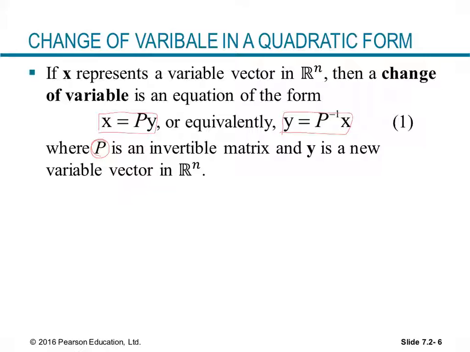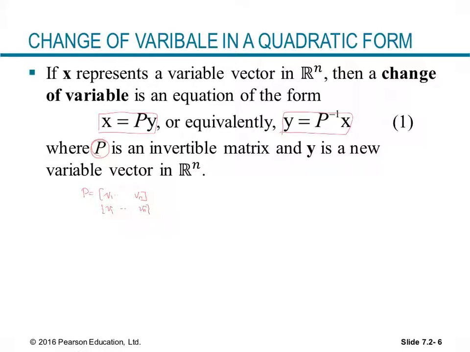Now, if P is an invertible matrix, and v1 up to vn denote the columns of P, then these vectors will be a basis of Rn space.